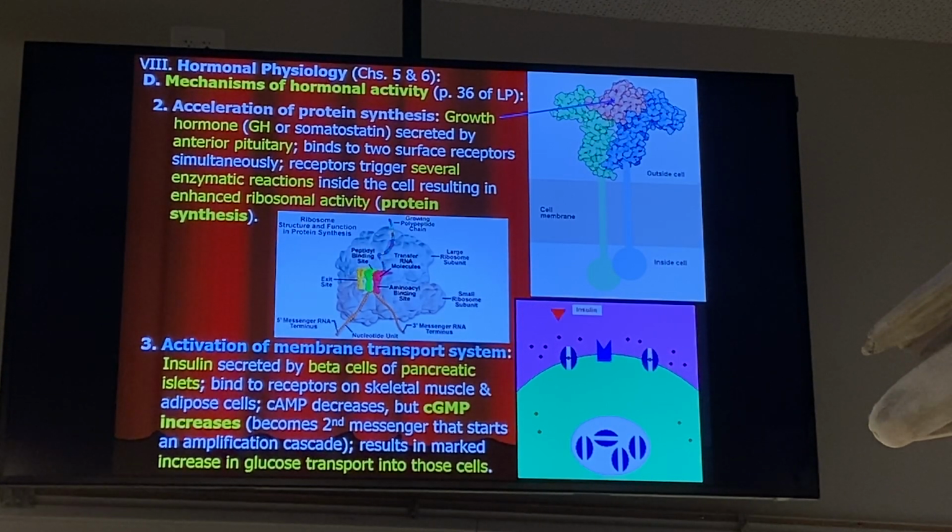Blood glucose and blood amino acid drops as a secondary side effect. And it's this bullet here that is explaining it. It increases glucose transport into the cells, also amino acids into the cells. From where? The blood. When trillions of cells are doing it, blood levels of those drop. Does that answer your question?